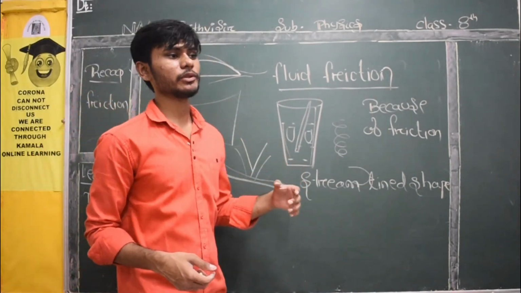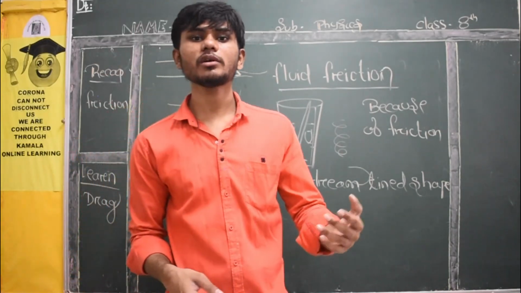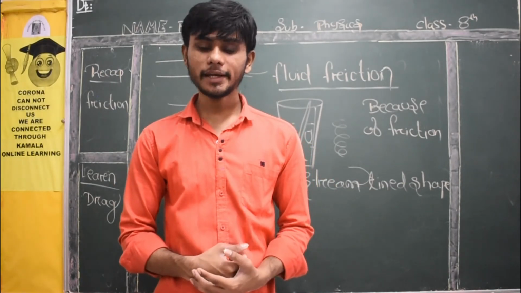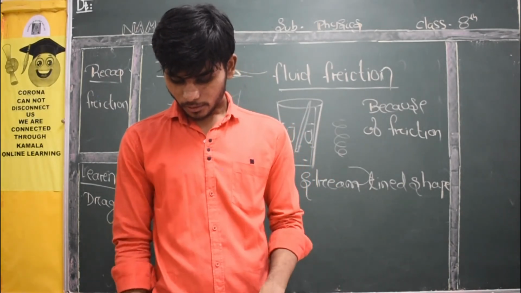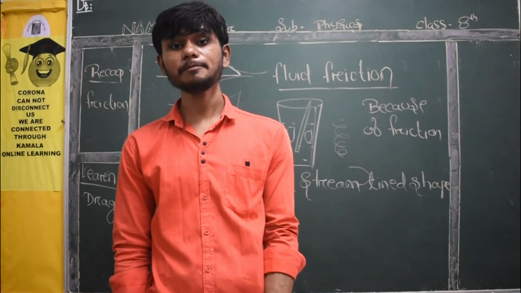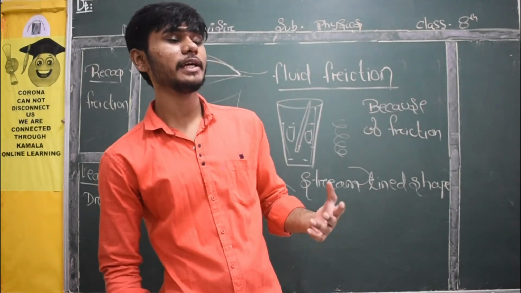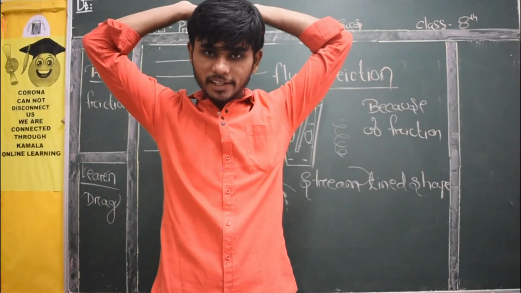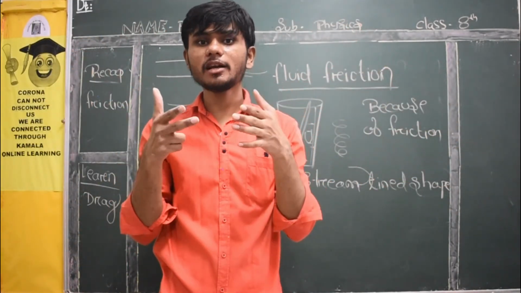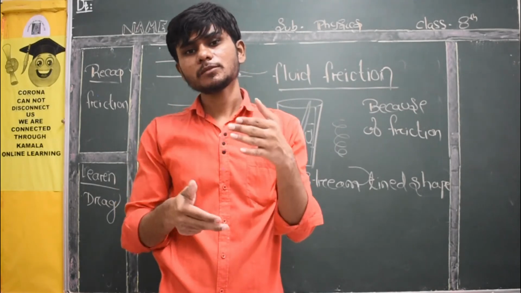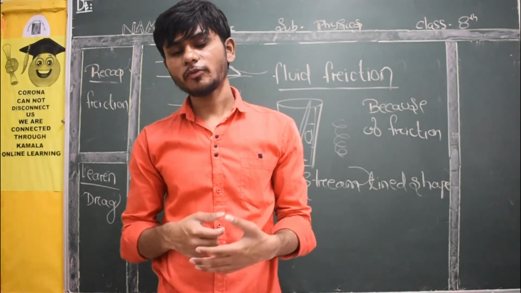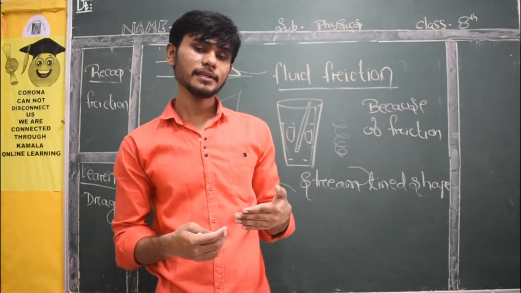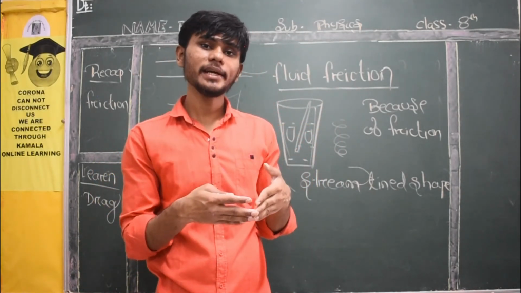Each and every object which moves inside water or flies will have a streamlined shape, like a bird. You might have seen the similarities between a bird and an aeroplane. They both have wings, they both have a tail, and their facial parts are quite pointed. So everything is quite equal. From here we can conclude that a broader shape will increase drag and a streamlined shape will decrease drag.